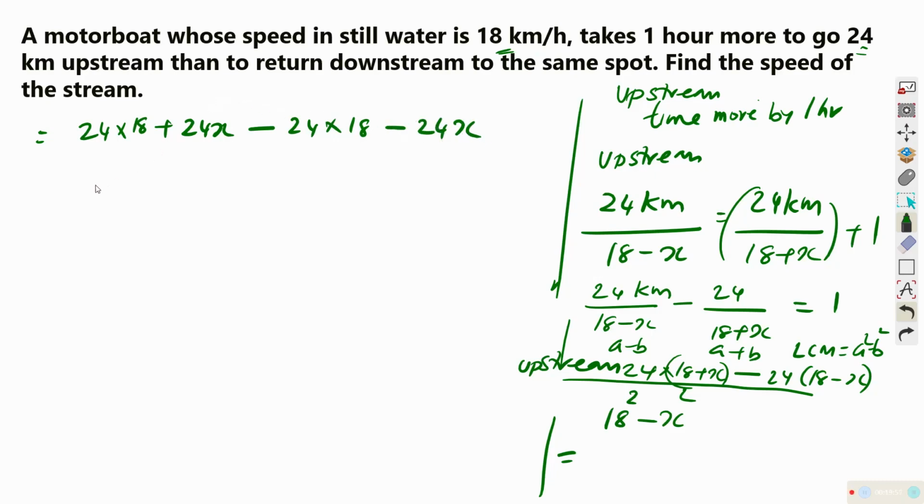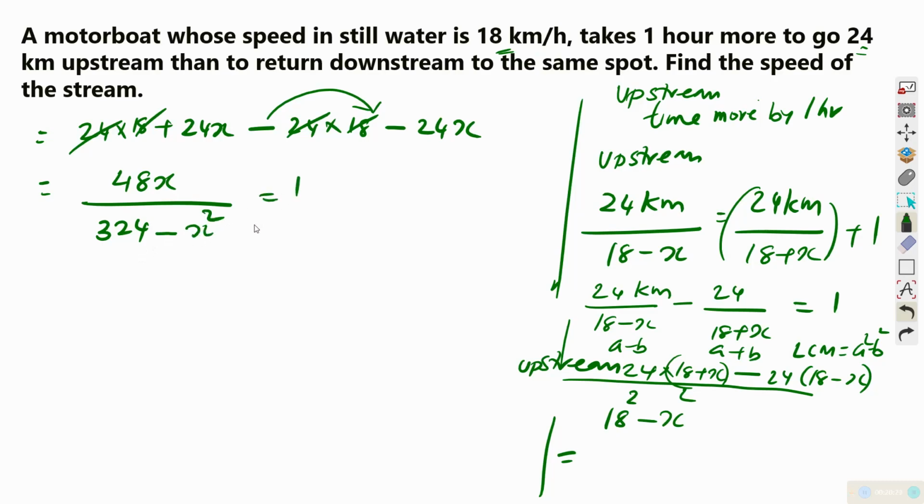In this we can see that from the equation 24 into 18 is plus here, 24 into 18 is minus here, so it gets cancelled, and we are having 24x plus 24x, which is equal to 48x. So naturally you will be having this answer as 48x upon 324 minus x square is equal to 4, from the earlier equation.